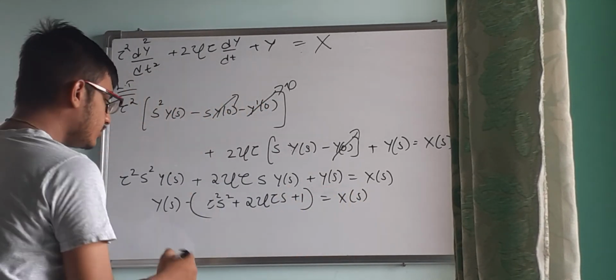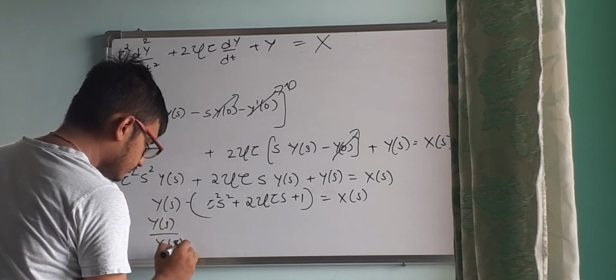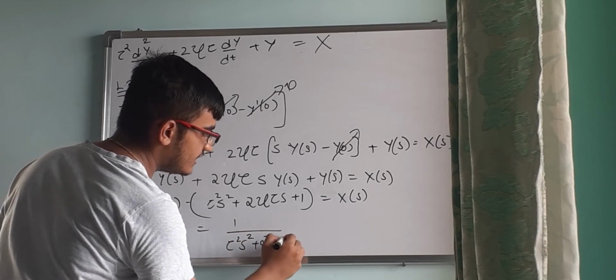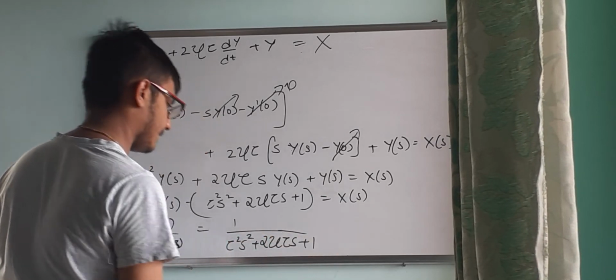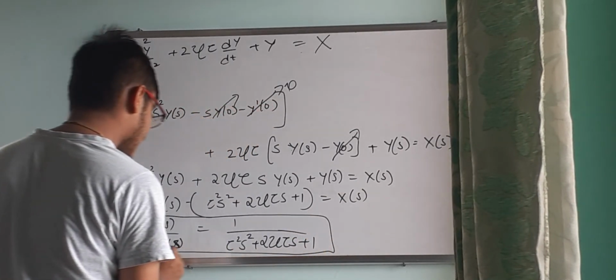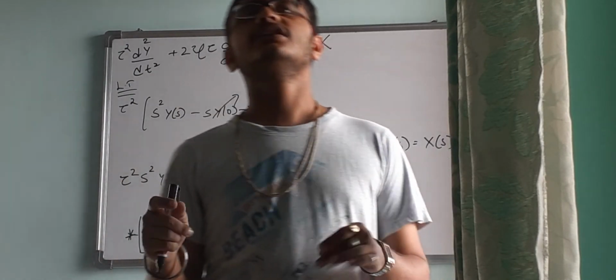Therefore Y of s by X of s is equal to 1 by tau square s square plus 2 zeta tau s plus 1. So this is your transfer function for any second order system, not only the U-tube manometer, any system.